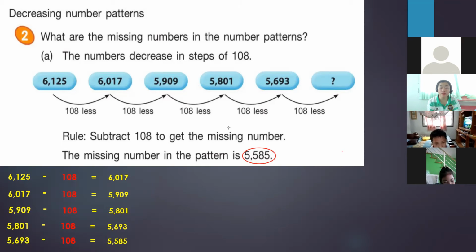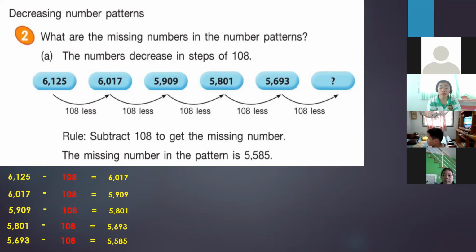So the missing number in this pattern is 5,585. So the rule is subtract 108 to get the missing number.